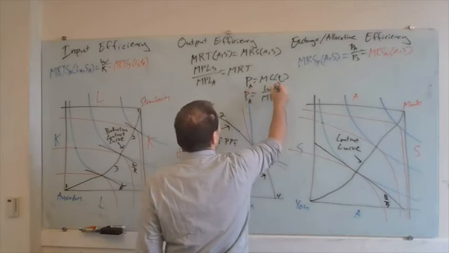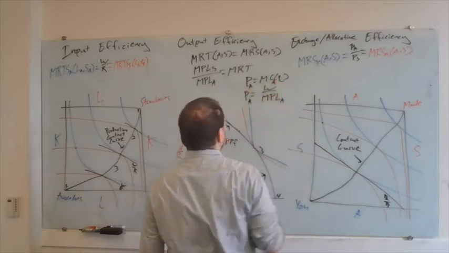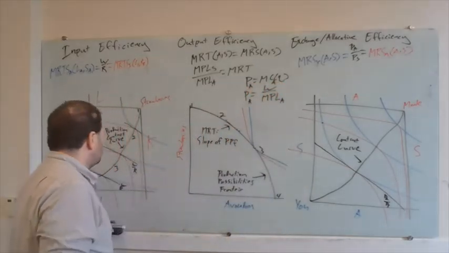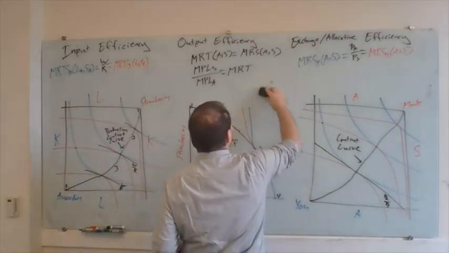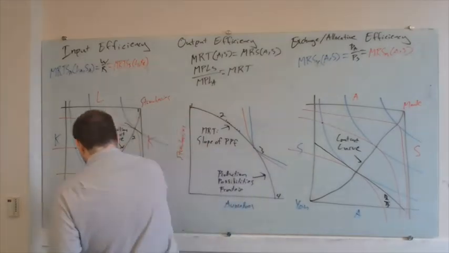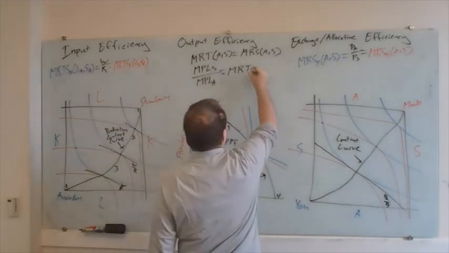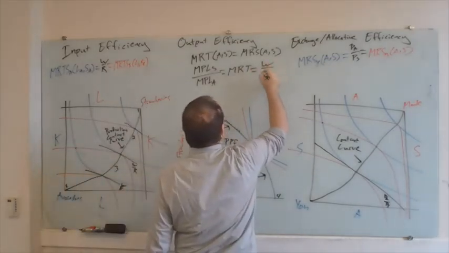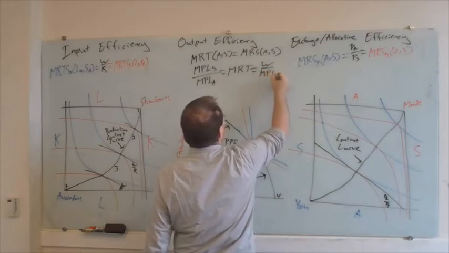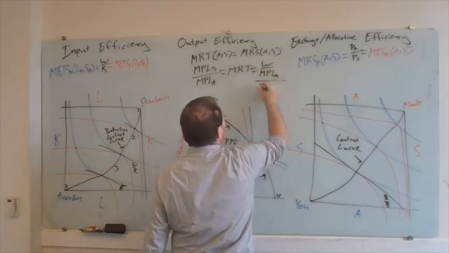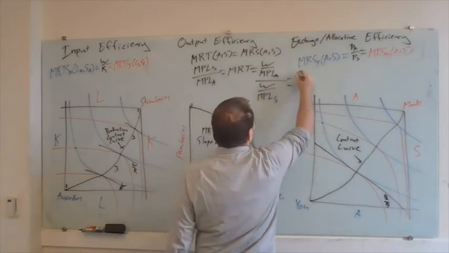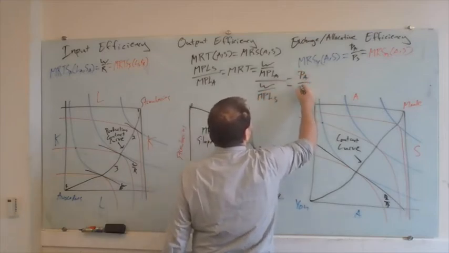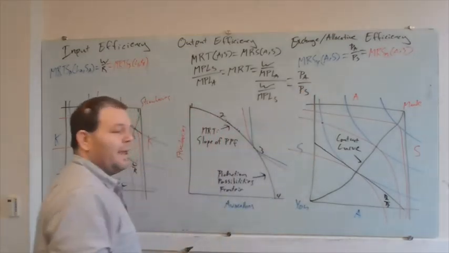So if we thought about avocados, right, the price of an avocado has to equal W over MPLA, which means that our MRT is going to be equal to W over MPLA divided by W over MPLS, which is going to equal PA over PS, right?